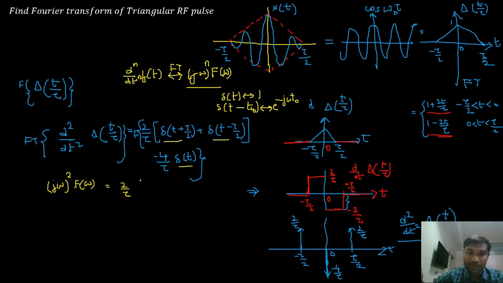So it is e power j omega naught tau by 2 plus e power minus j omega naught tau by 2 plus minus 4 by tau delta of t, the Fourier transform is 1.